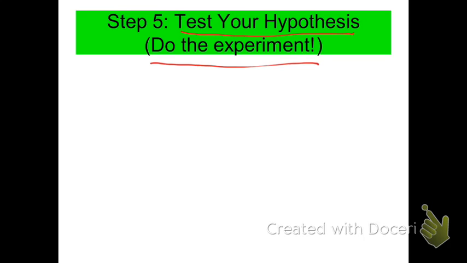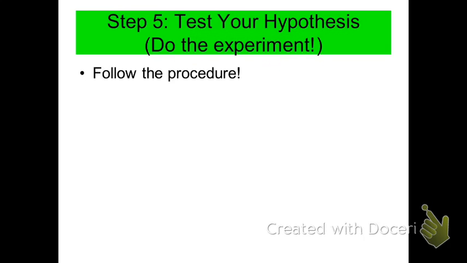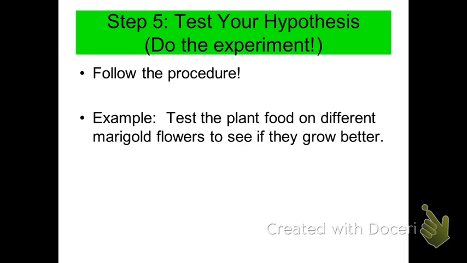Now it's very important that we're following all of the steps, following the procedure. We need to make sure that we're following proper safety rules if given, depending on our materials. So as we go step by step, we need to make sure that we're doing it correctly, because that's the only way we're going to be able to get accurate results.